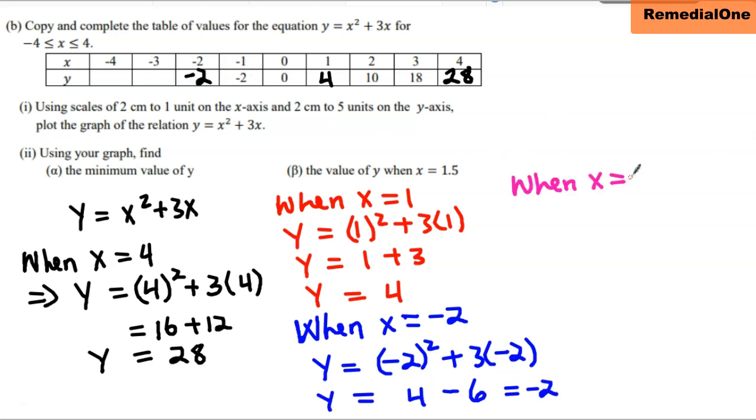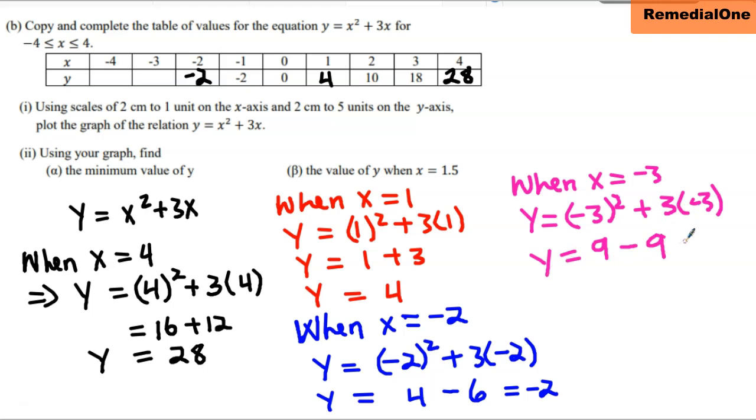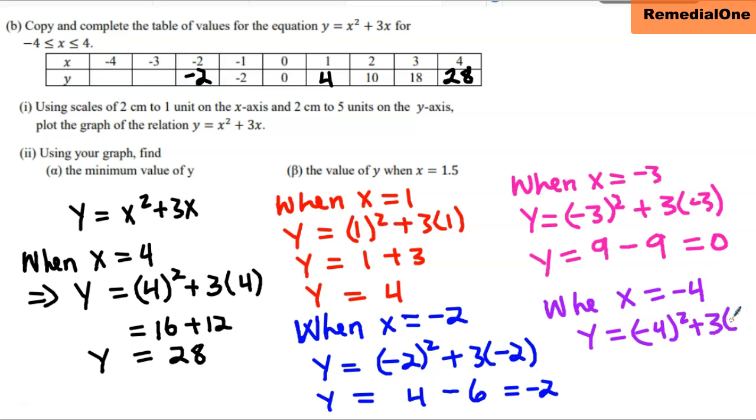When x equals -3, y equals (-3) all squared plus 3 times -3. -3 times -3 is 9. Positive 9, and 3 times -3 is going to be -9. So here we get 0. Lastly, when x equals -4, y must equal (-4) all squared plus 3 times -4.